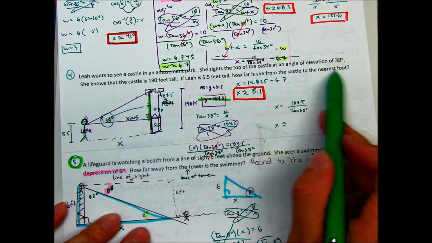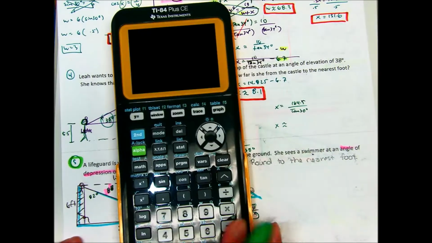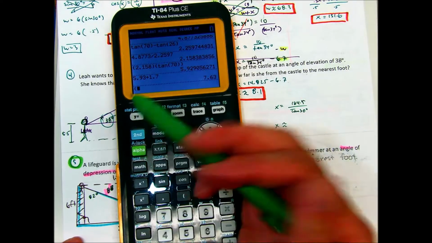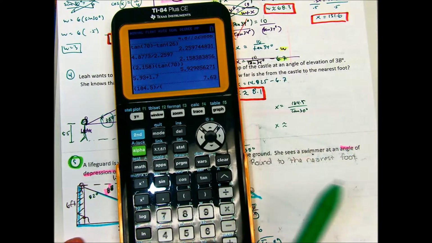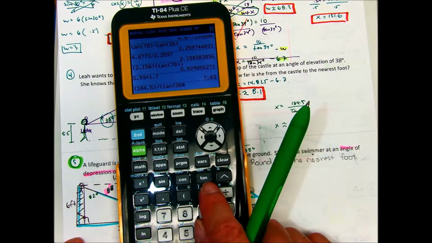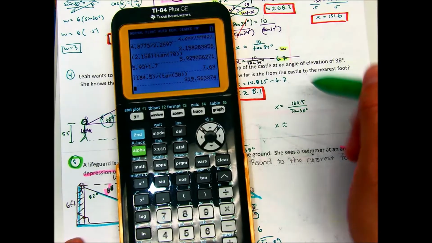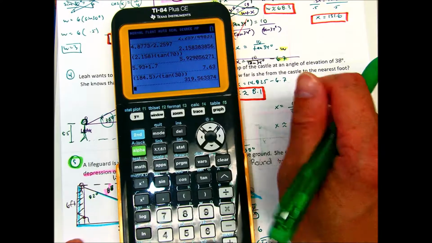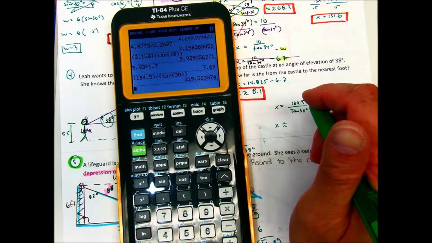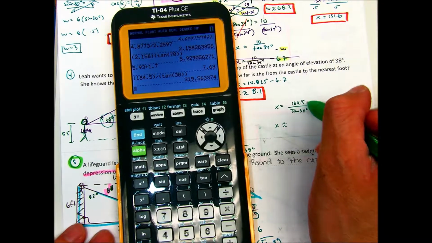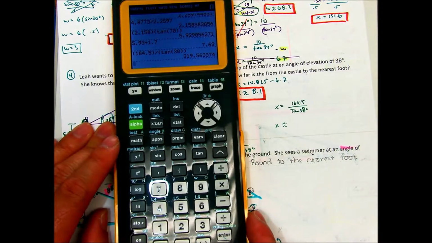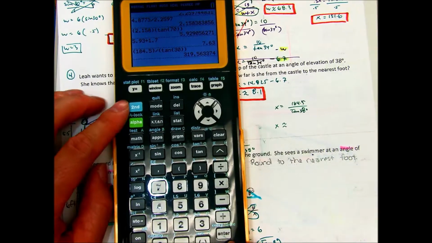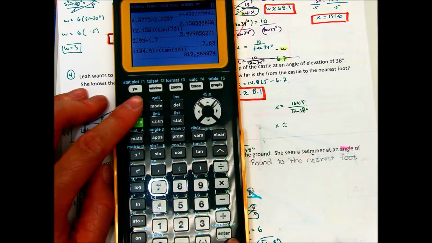It tells us to round to the nearest foot, so let's go ahead and divide. Extra set of parentheses, 184.5 divided by tangent of 30. Sorry, that should be tangent of 38. Let's try that again. If you make a mistake like I did, you can copy and paste your calculator command to get the last entry. You do that by pressing second enter.